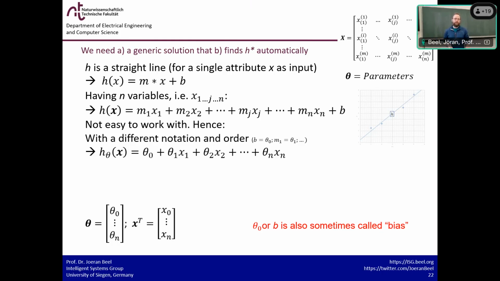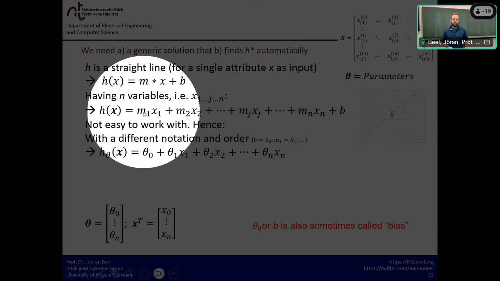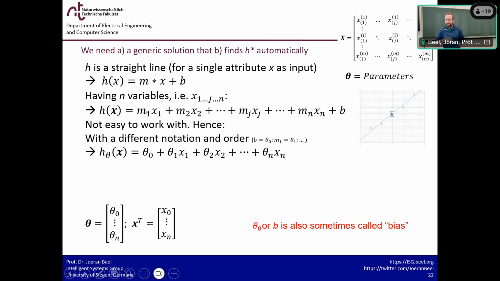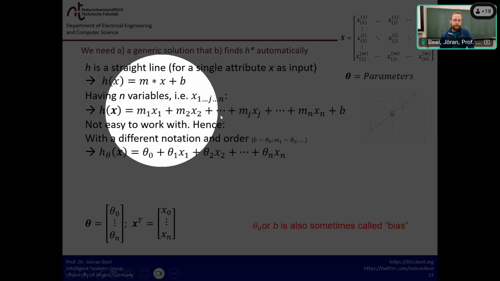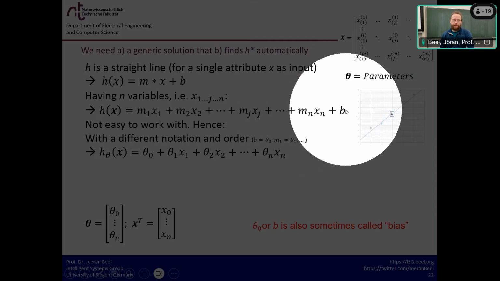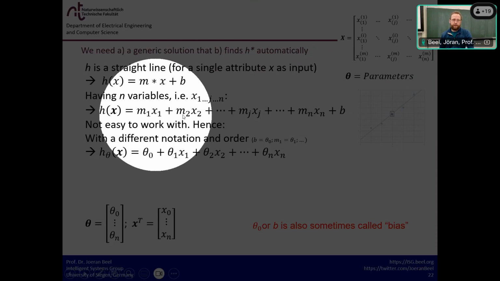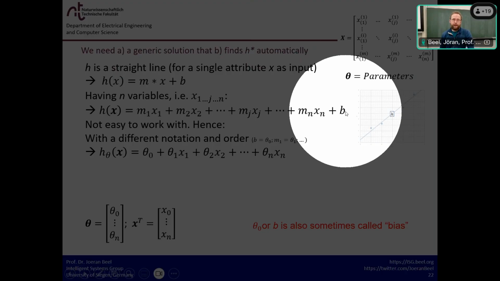First, we change the notation. We replace m with theta. Again, this is just writing it differently. There's no change in the meaning. We replace m with theta, and we replace b with theta. So this becomes theta 1, theta 2, theta j, theta n, and we write b as theta 0.